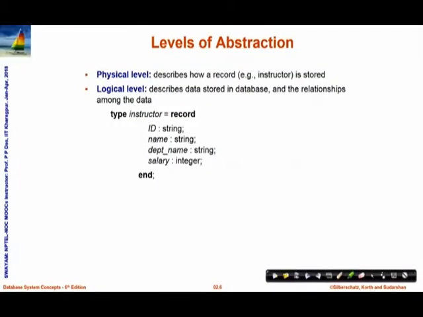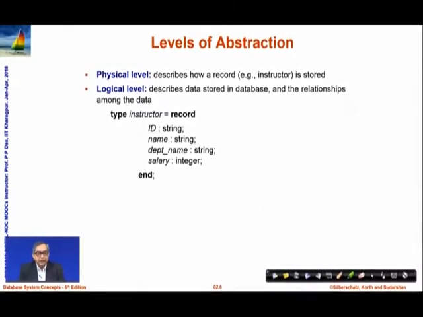At the next level, we have the logical level, which describes the data stored in databases and the relationships amongst the data. Any data that is stored, you can think about it as a record. Here we are illustrating the record of an instructor who teaches a course. The record is a collection of multiple fields of different types.